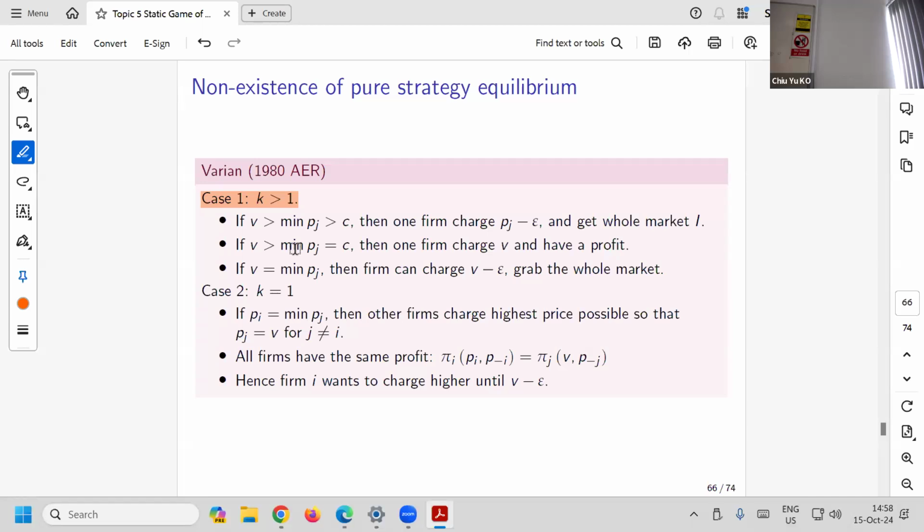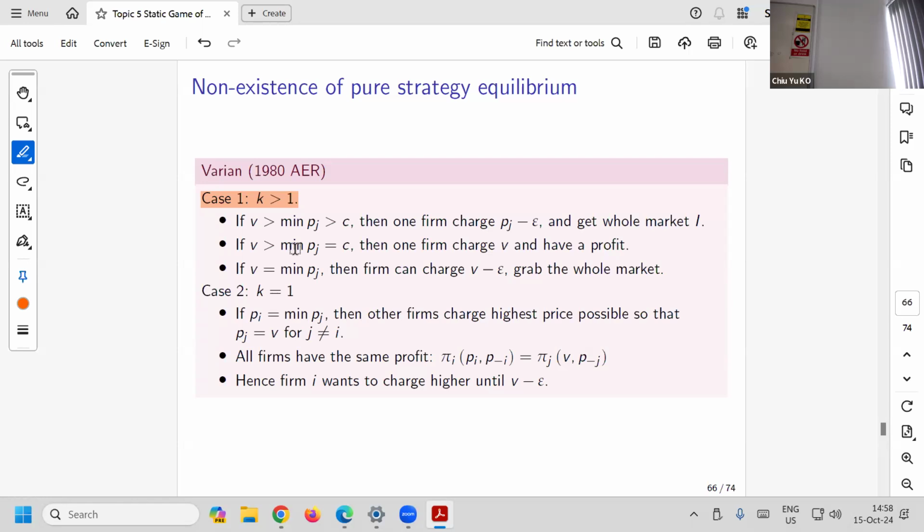But if the other firms are at V and this firm is below V, then there's no equilibrium, because if you're below V, you always want to get closer to V.